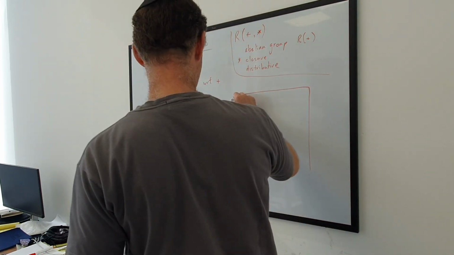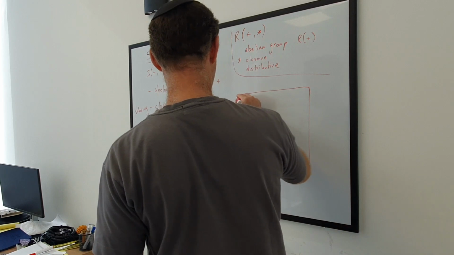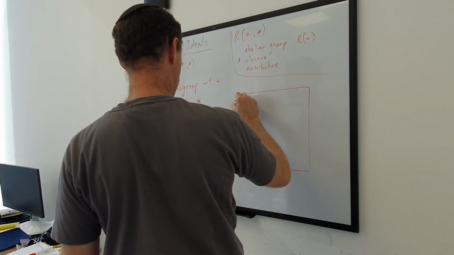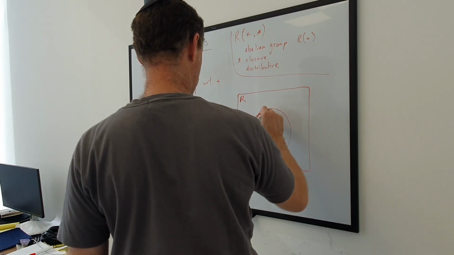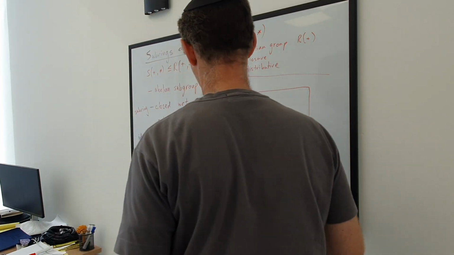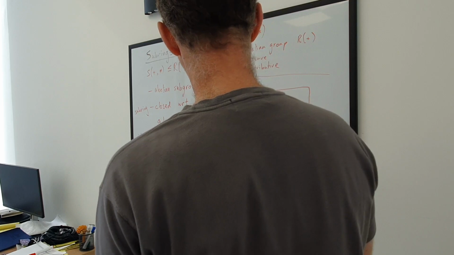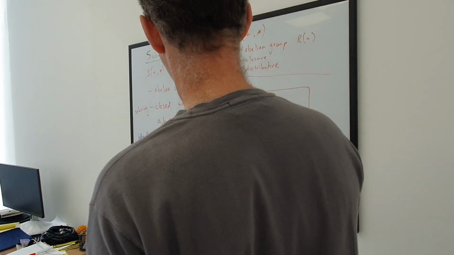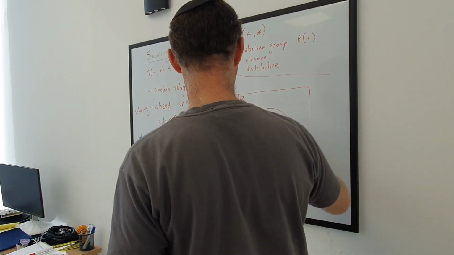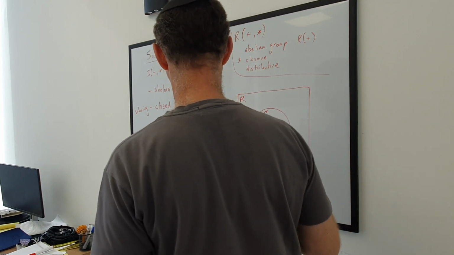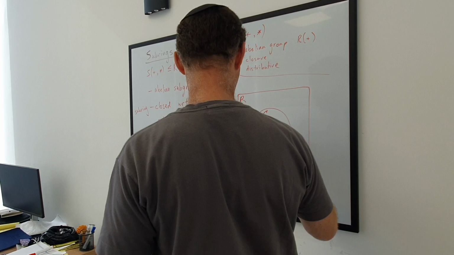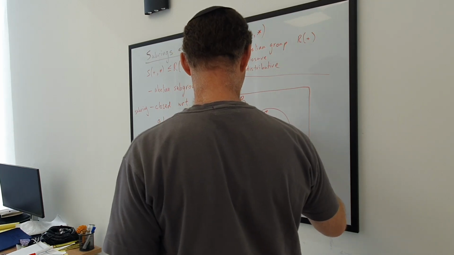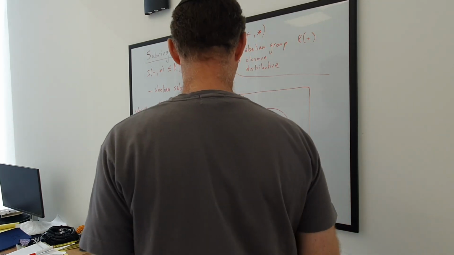Let's do it pictorially, and we're going to keep using this today. Say that this is R, and this is S. If we're doing the subring, and this is AB, then this is the subring.